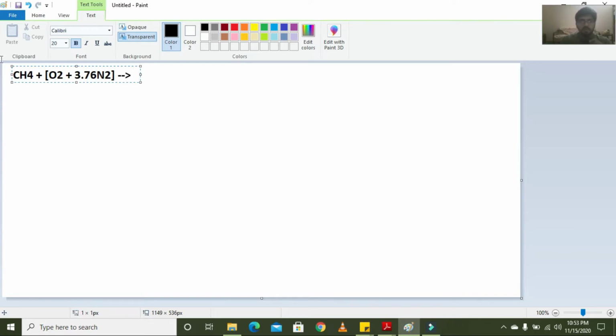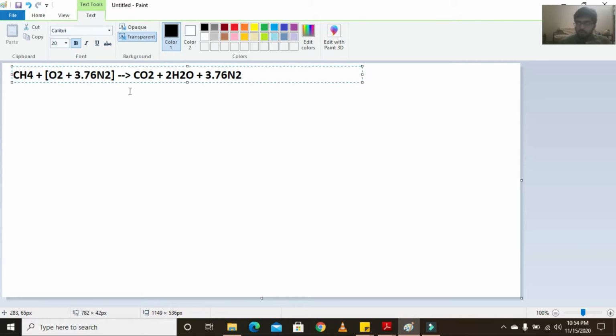As a result, we will get some carbon dioxide, CO2, plus we will also get water vapors, and you will note that we will get two molecules of water vapor if I balance the equation. After that, I will get the nitrogen molecules as well.